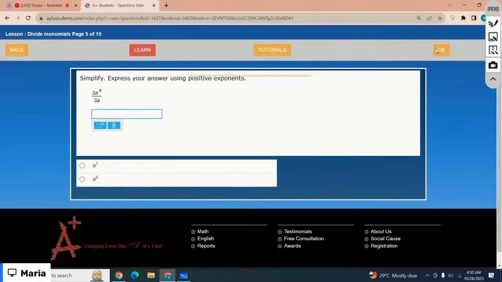Okay, simplify 3a^8 divided by 3a, which is the correct option? The correct option is, very good, option number 1. a^7 is the correct option.